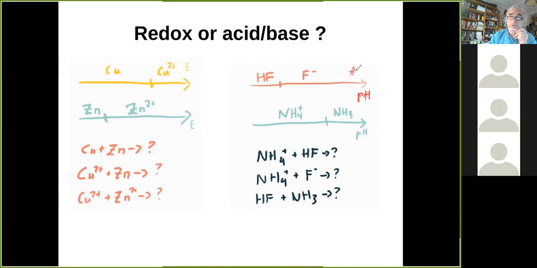We have few H+. And at low pH values, we have many H+ in the environment. So, here we have a basic environment, and here we have an acid environment.